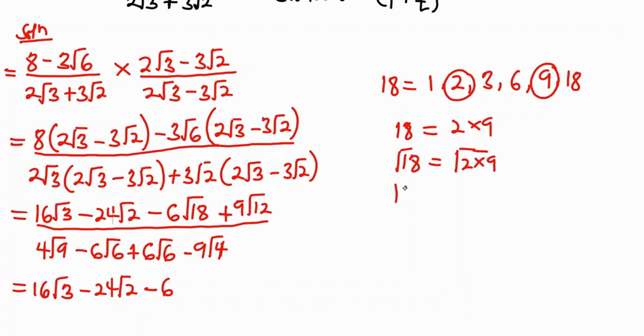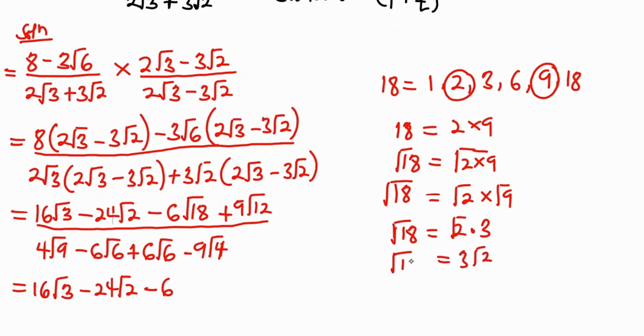Square root of 2 is square root of 2 itself, and square root of 9 is 3. So at the end we have 3 root 2 for square root of 18.